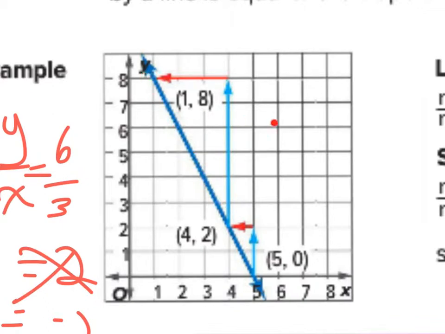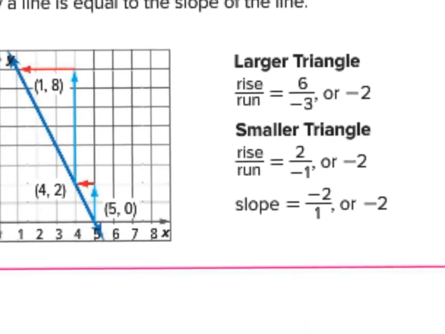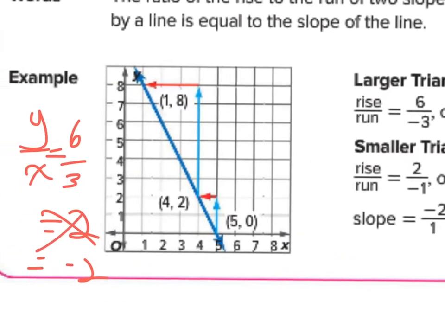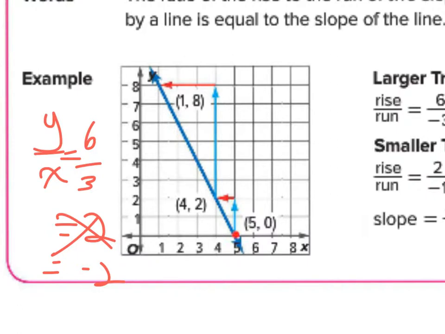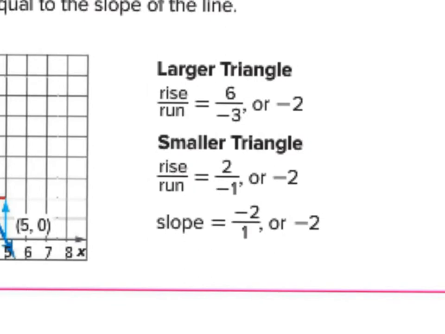In this case, because we're moving this way positively, our x is still positive, while our rise, because it's going down, is negative. Or it could work the other way around as well, because we could be moving in that direction, where we're moving negatively with the x, but positively with the y. And you can see that's how they decided to do it here. They decided that we're moving from right to left. Okay, so our x is negative. So we do have a negative slope of negative 2.